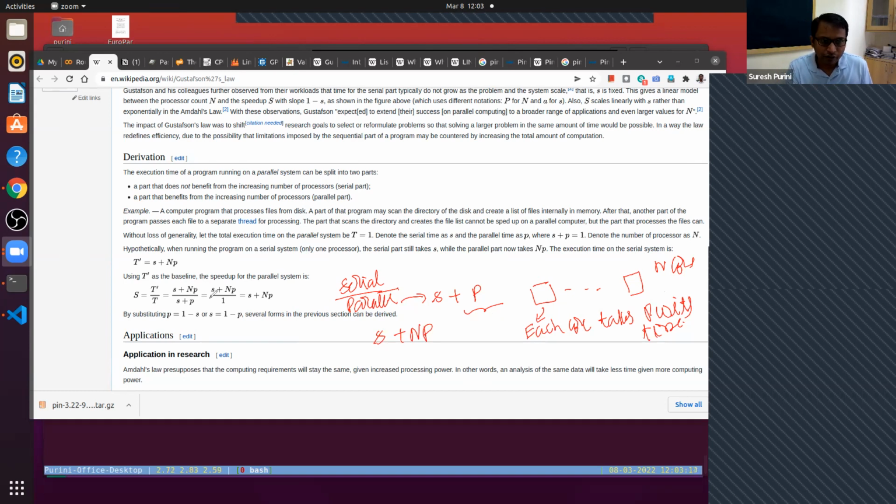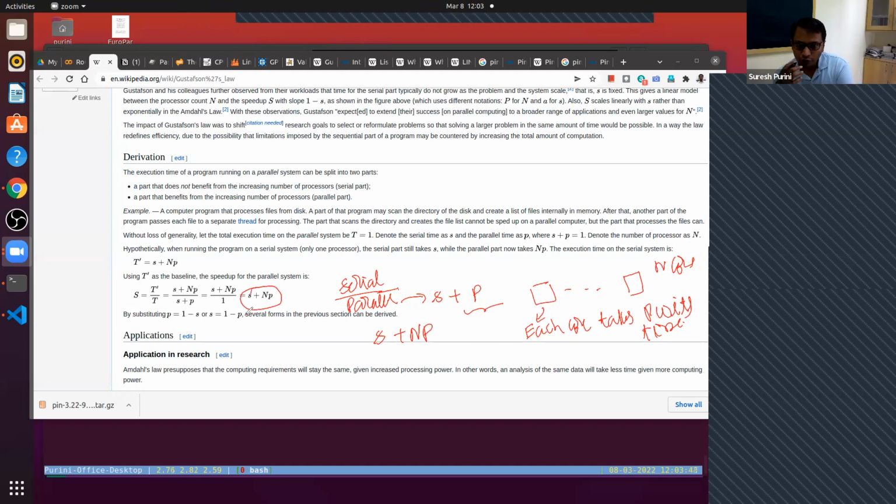If you take serial divided by parallel, serial is in the numerator, S plus NP, and in the denominator we have S plus P. If you take the whole S plus P as one unit of execution, we get 1 in the denominator. So now you can see that the speed up that we are getting is equal to S plus NP. This is the overall speed up that we are getting.